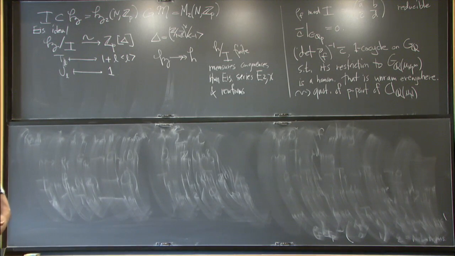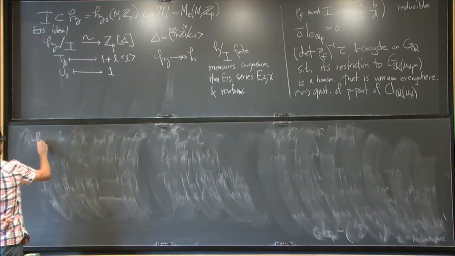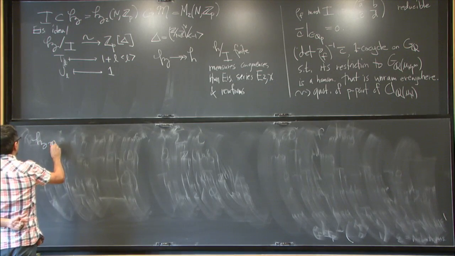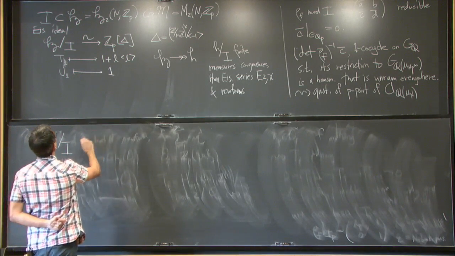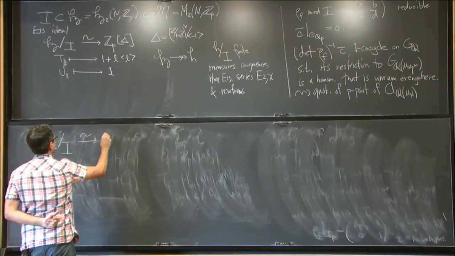OK, so how is this proven? We could take H_m mod I, the big H, and by what we've already said, this thing is going to be lambda.